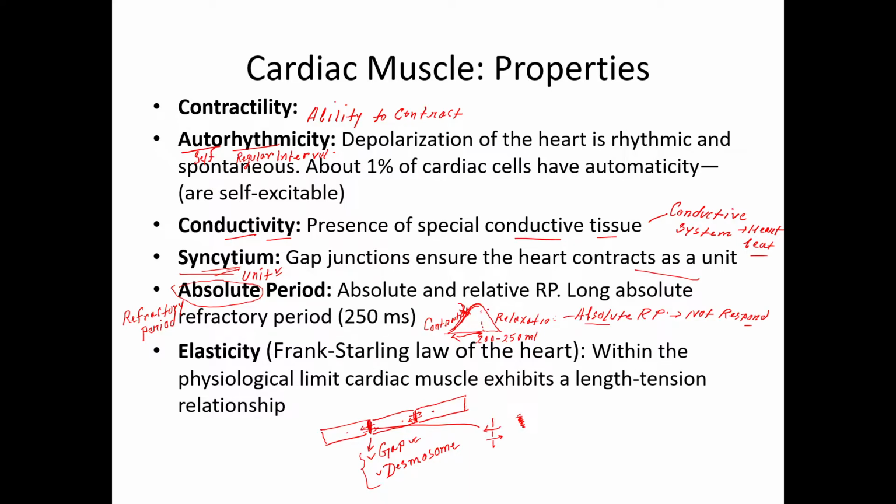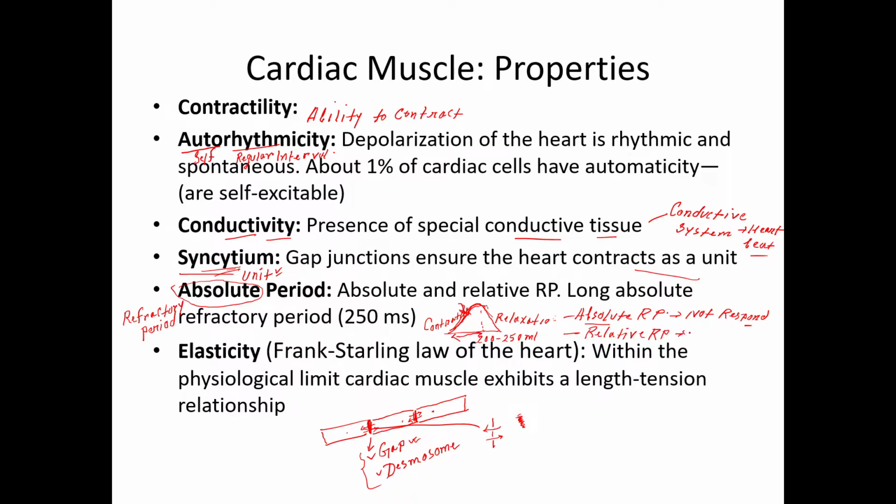Now, during the last part of contraction, the end part of contraction, if you give a stimulus and the stimulus is strong, heart may respond. If the stimulus is weak, heart will probably ignore. If the stimulus is strong, heart may respond. So that last part of contraction is called relative refractory period.